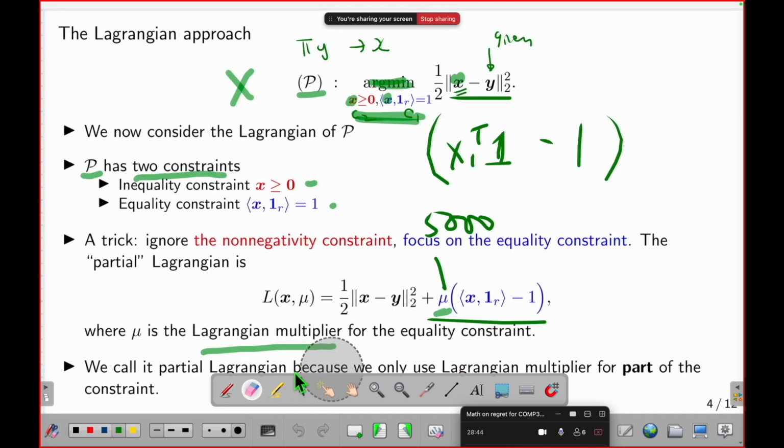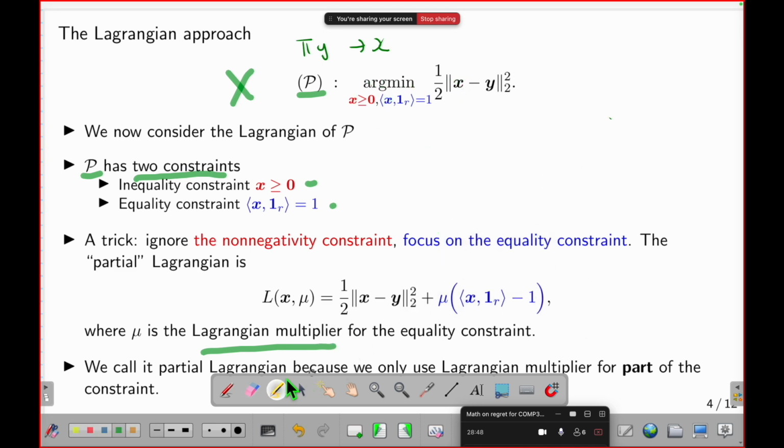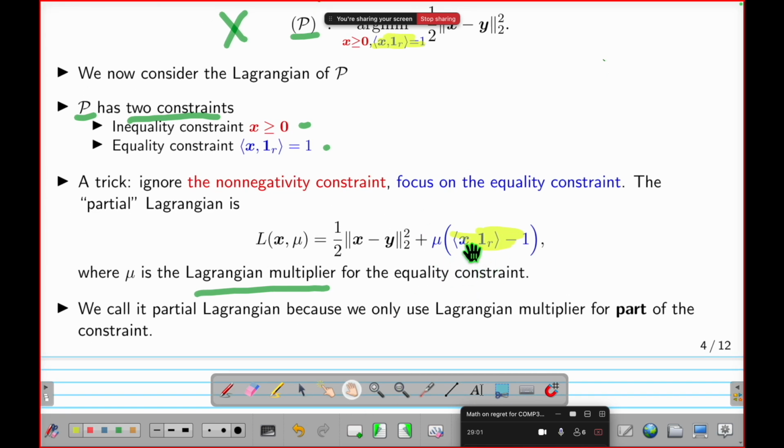Go back to here. What the heck is this thing meaning? So what does yellow mean? Yellow means x dot product with 1 is 1. What does this mean? It means the difference between x dot 1 and 1, right?